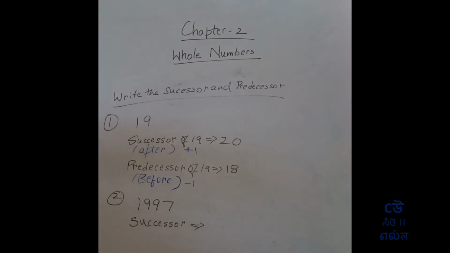If you add 1 to 1997, you will get 1998. So successor of 1997 is 1998. So predecessor of 1997. Predecessor is the before number. Before 1997 we get 1996. Understood, children? If you can directly write like this, you can write. Otherwise, you can subtract 1 and add 1 and find the answer. Okay.